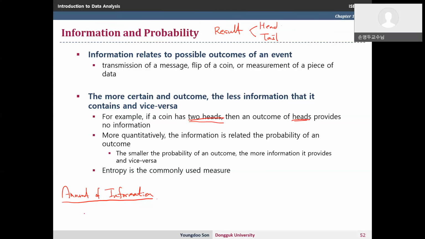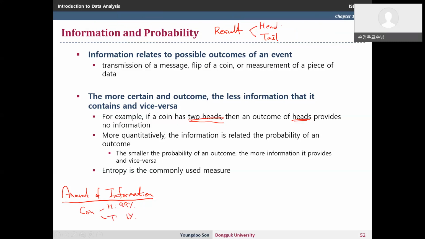Also, we can think about a coin that makes head with 99% probability and tail with only 1% probability.